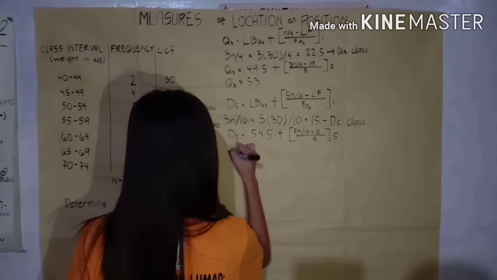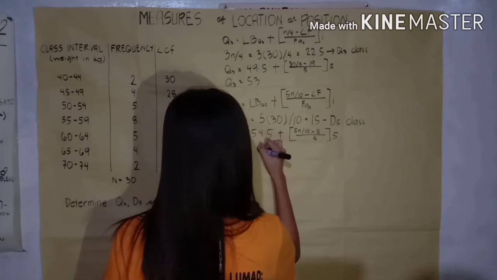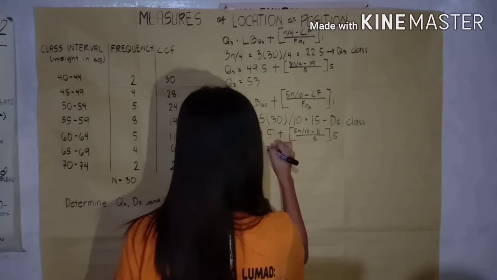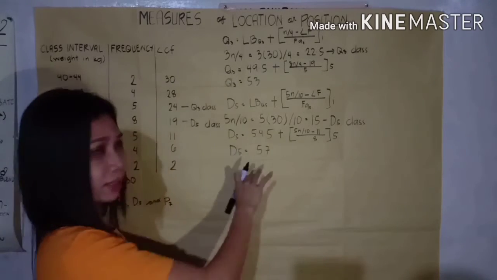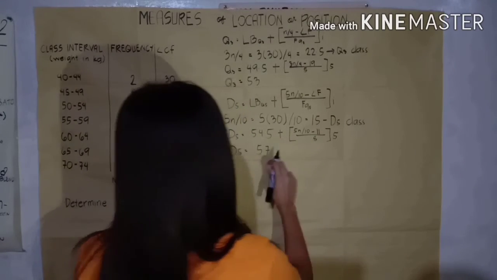So our D5 is equal to 57. So it is the same process just like with the Q3.